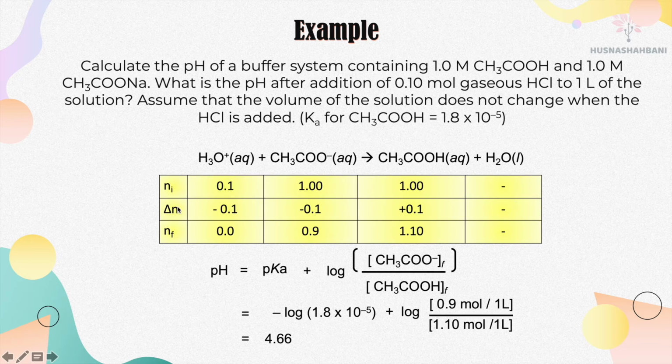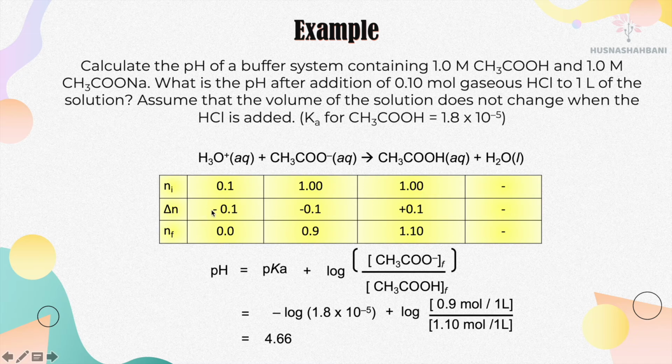Ignore water. And then the change. Here you have 0.1 mole. Here you have 1 mole. If you look at the stoichiometry, 1 mole will react with 1 mole. So this 0.1 mole, if you only have 0.1 mole, will react with only 0.1 mole here.